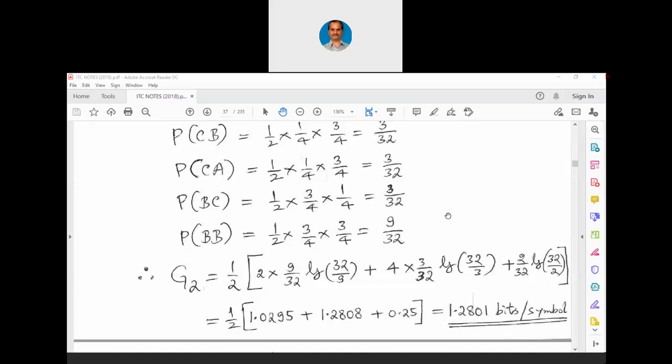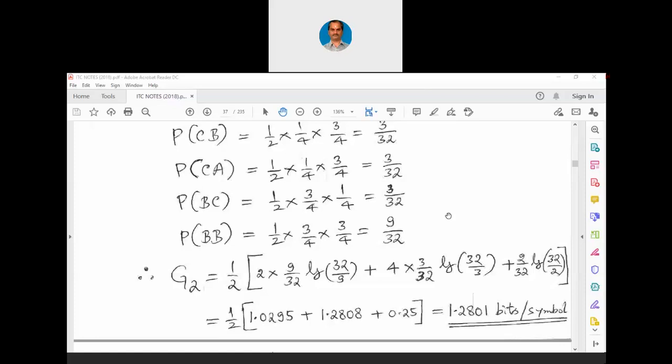Now, that is the finding which is mathematically done here in this information theory, where G2 is lesser than G1, which is mathematically proved. Similarly, G3 will be still lesser than G2, and if the number of symbols increase, if let us say n is infinity, then that G will converge towards H itself.